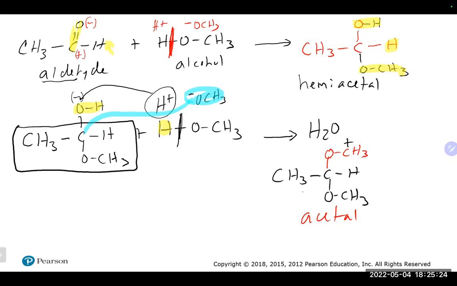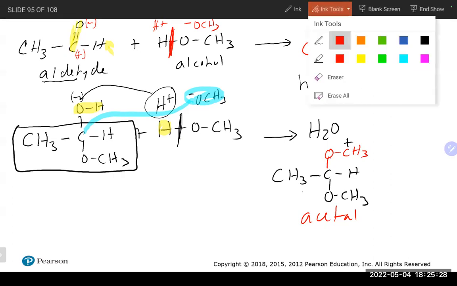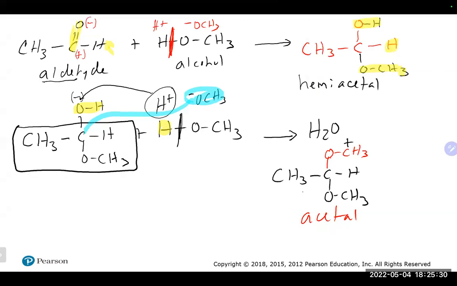So the main parts of an acetal are this. It is two of these oxygen carbon groups, I like to call it. I have two of them. They basically both came from the alcohol, and it still has the hydrogen. Now, that's the difference between the acetal and the hemiacetal. The hemiacetal has only one oxygen carbon group, and it has an OH group.